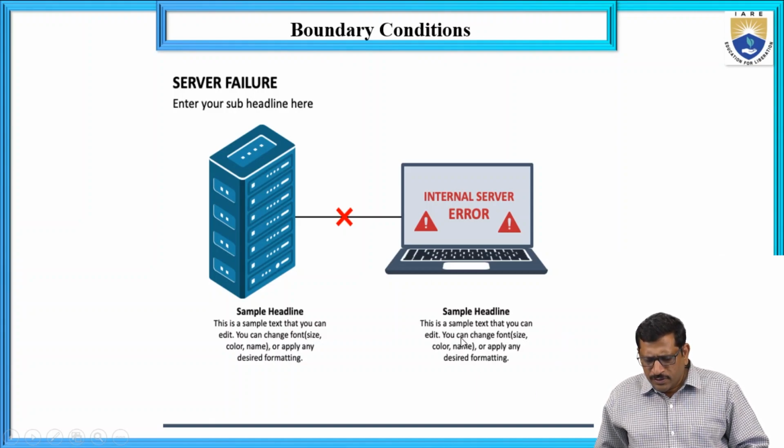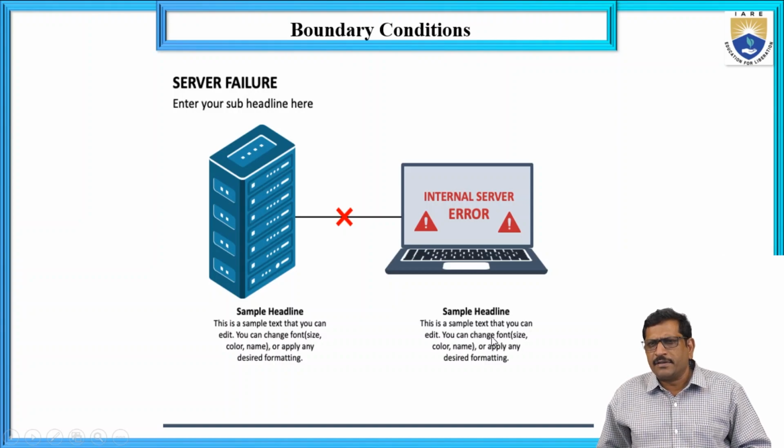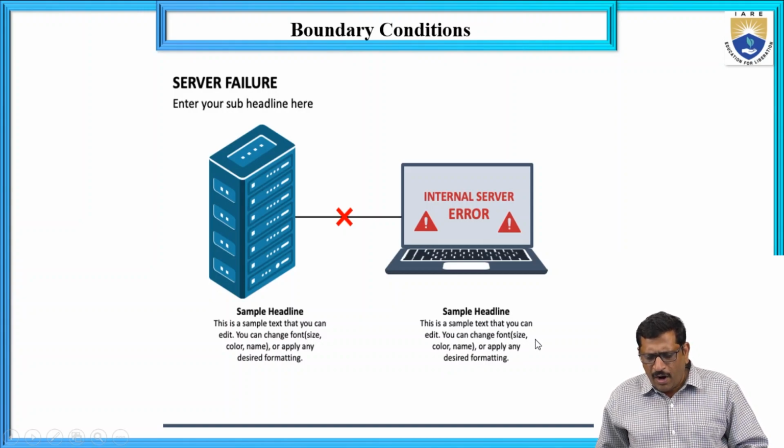So this is a sample text that you can edit. You can change the font, that means size, color, name. You can apply any desired formatting on the server side.